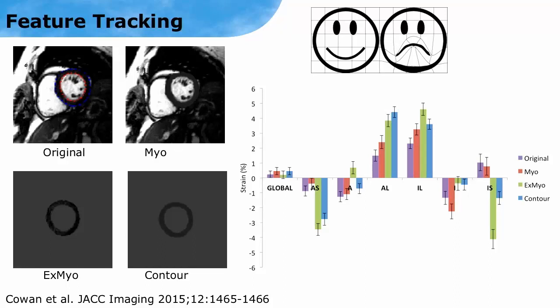However, if you're interested in regional strain, you will get subtle differences if you're using feature tracking from a tagging technique or a DENSE technique. And the reason is that feature tracking is tracking features which are not really myocardial features, but are features which are between muscle and blood, and that is corrupted by through-plane motions, which will give you artifactual strains.